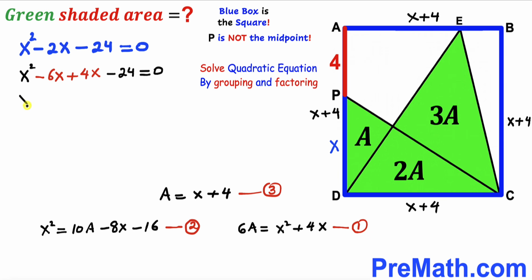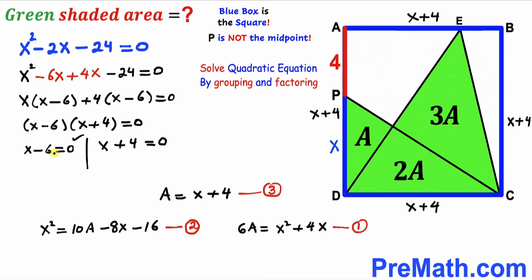So therefore we could write x times x minus 6 plus 4 times x minus 6 equals 0. And now we can see x minus 6 and x minus 6 are in common. So therefore we could write x minus 6 times x plus 4 equals 0.